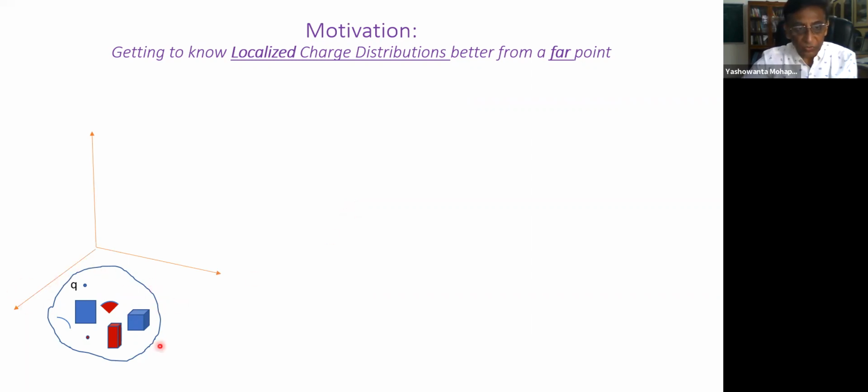This is the charge distribution, and here I set up my origin. I could have chosen it according to convenience. This origin, for example, could have been inside. And then I've shown the viewing point deliberately at a very far point, where I want to describe this charge distribution.